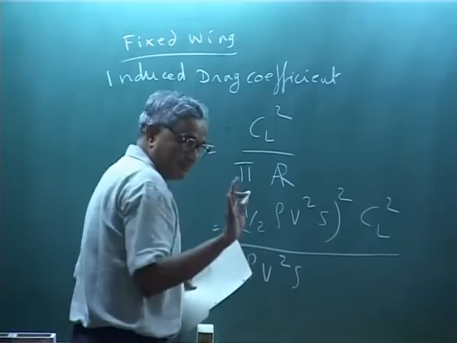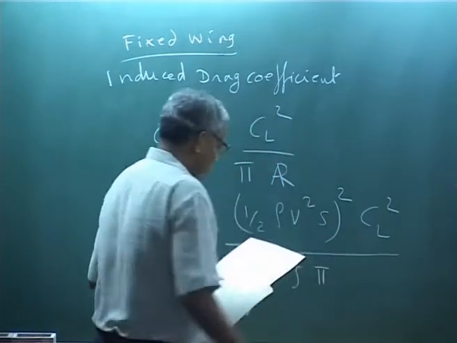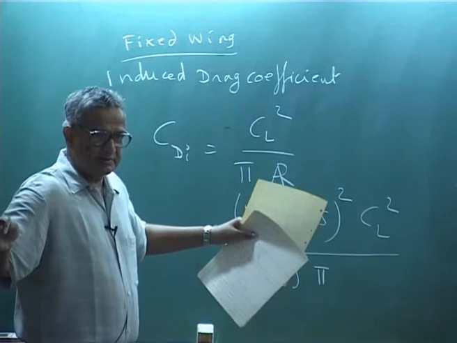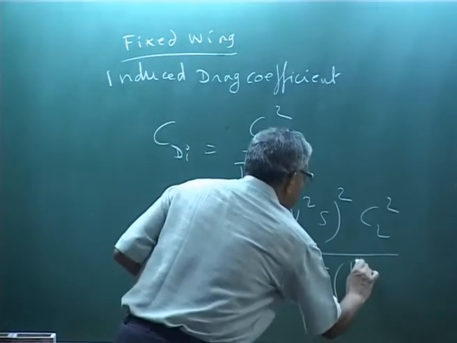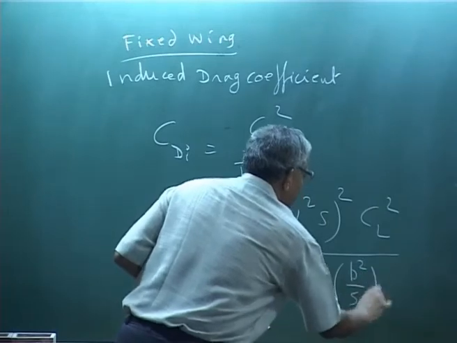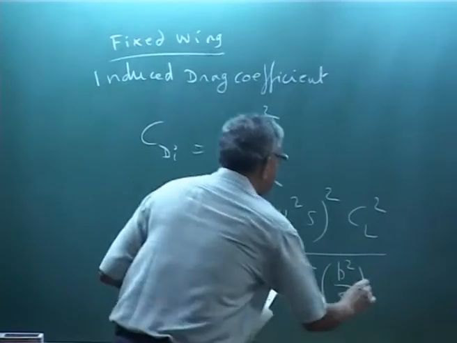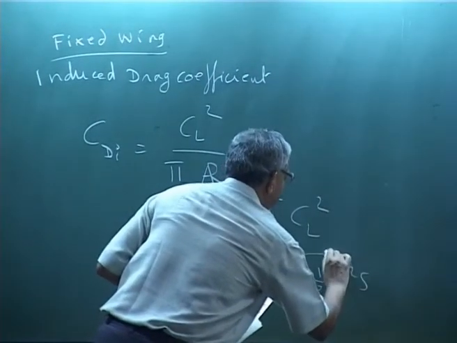One of the values I am taking, pi aspect ratio, you know that if b is span, so you will have, okay, this is aspect ratio, and then another half rho v square s.